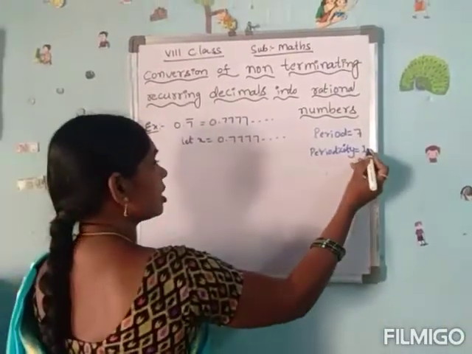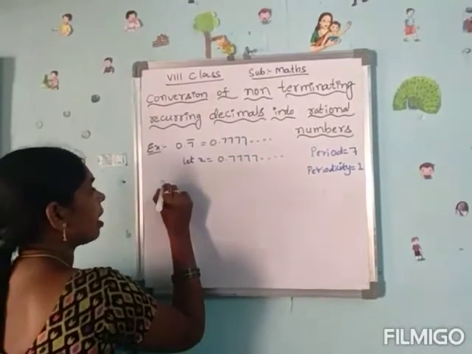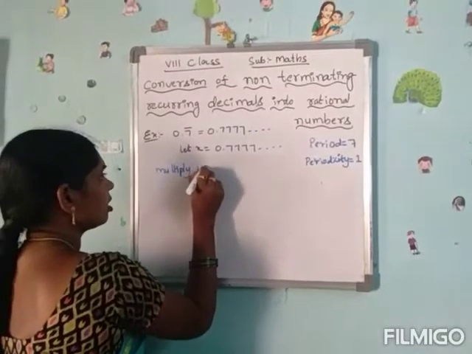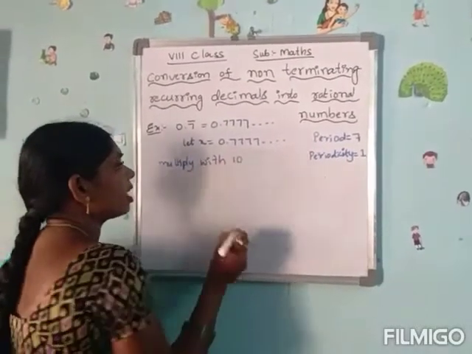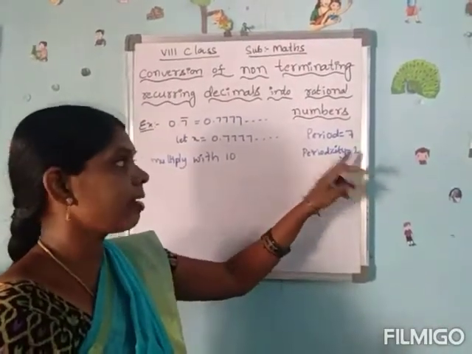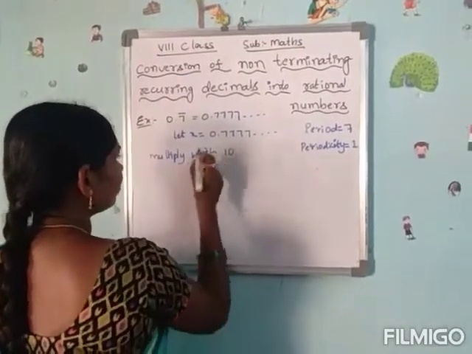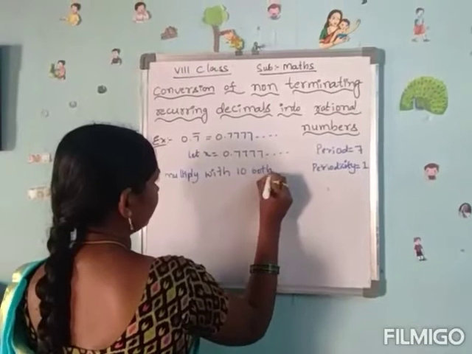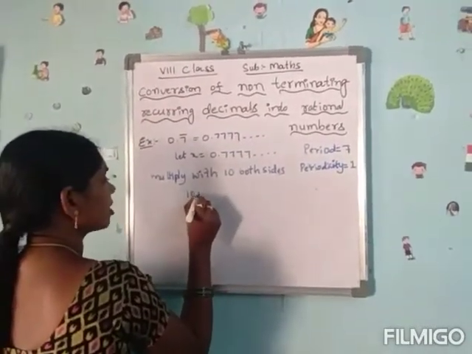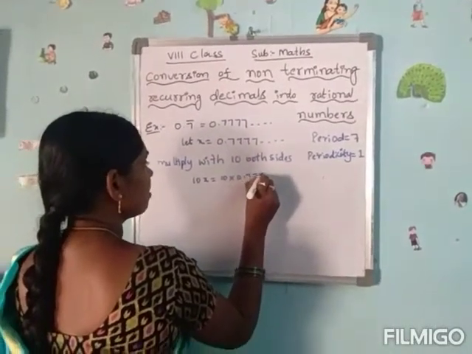When the periodicity is 1, we should multiply with 10. Suppose the periodicity is 2, then we should multiply with 100. When the periodicity is 3, then we should multiply with 1000. So multiply both sides with 10. Then what happened? 10 into x equals 10 into 0.777 and so on.